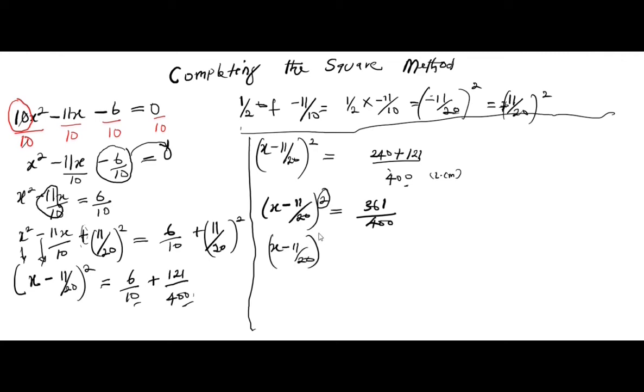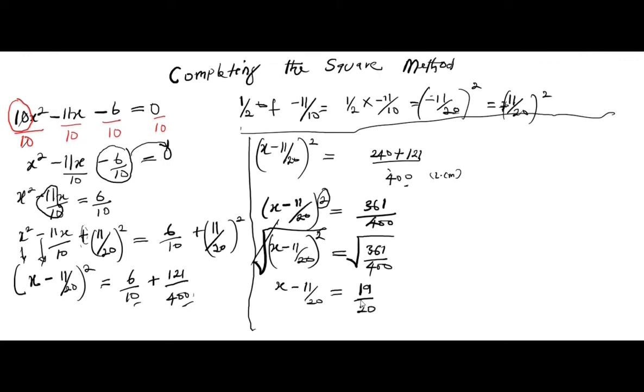We take the square root of both sides, so the square root will cancel this squared. So we have x minus 11 all over 20 equals the square root of 361, which is 19, all over the square root of 400, which is 20.